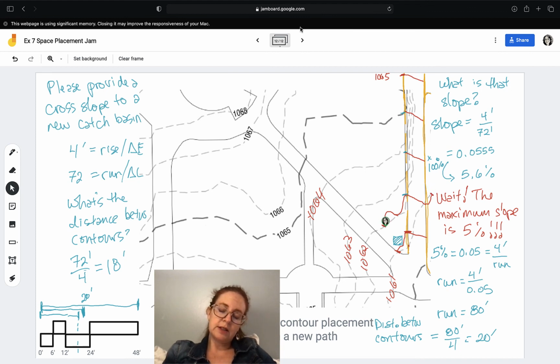So there's my 1062. I want to keep that swale signature happening, and maybe that was a little bit too sharp. Maybe I can make it a little bit broader and more gentle. And then come up and tie into that. Let's just say it ties in right over there. Let's just say I want to make this even more gentle. So I'm going to do that tie-in right there instead.